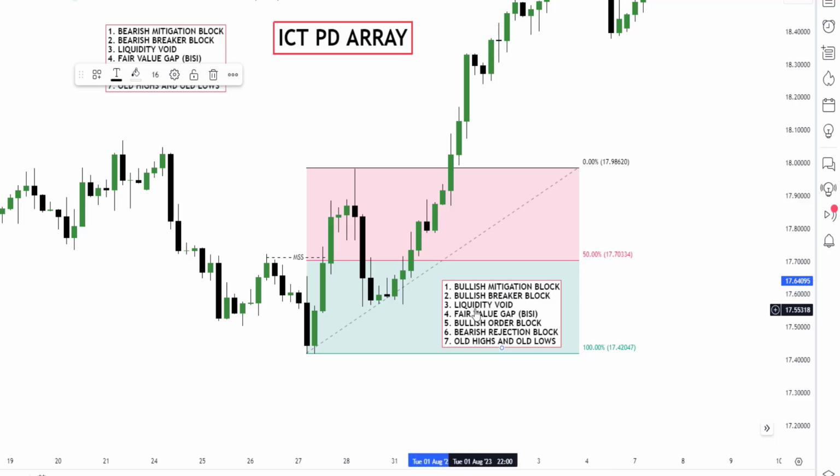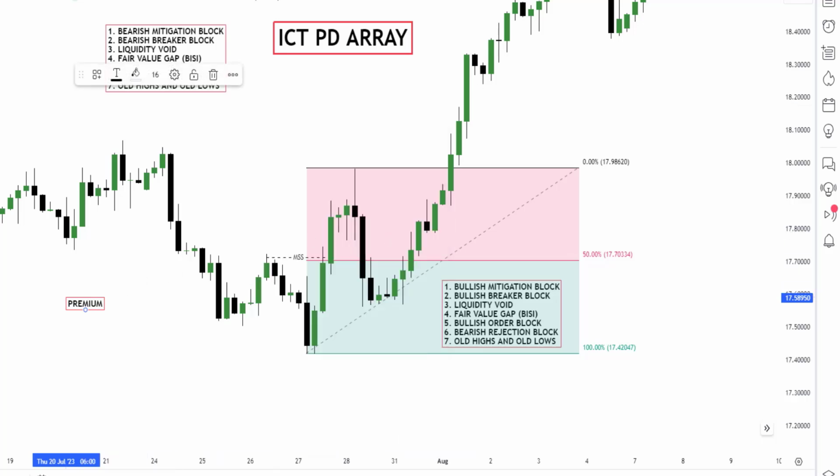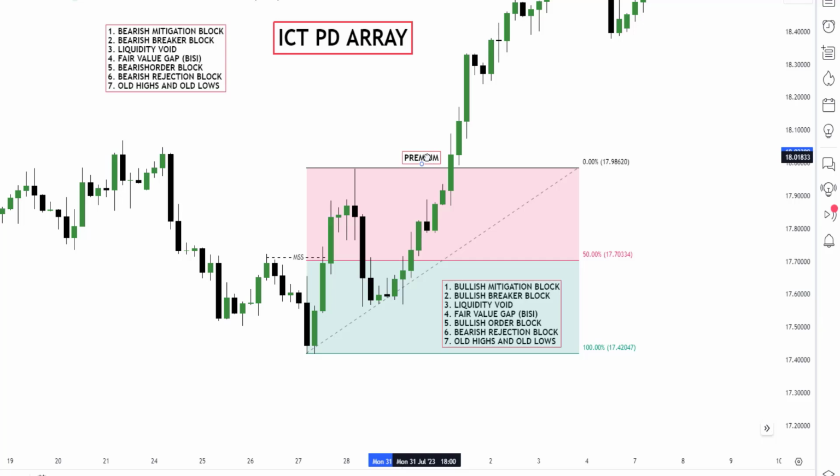As price came around here, you can actually see as price is coming to the discount area, this is premium. Let me even put it correctly so you can see. Premium is here right above there. This is premium right there, and the discount is basically here below.